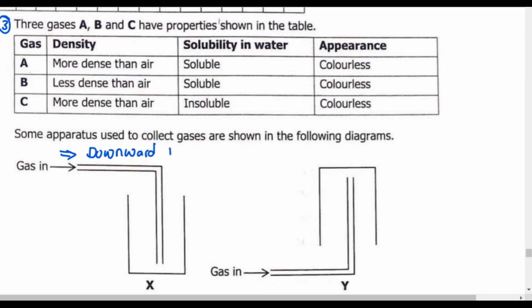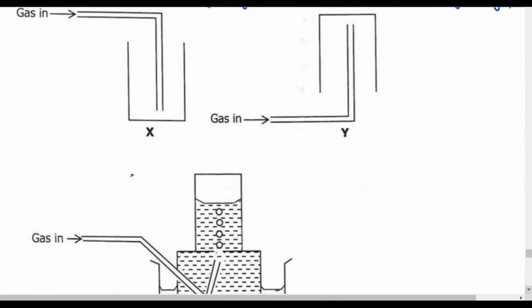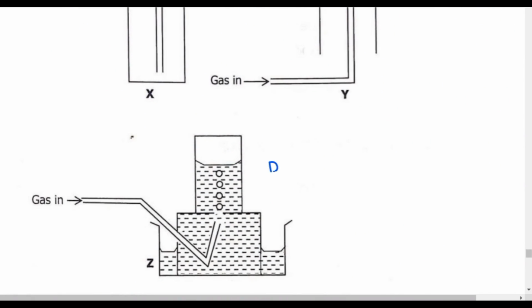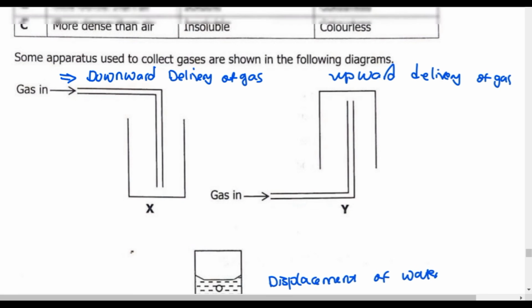downward delivery of gas. Then we have upward delivery of gas. Then this one is displacement of water. Now we can summarize it.